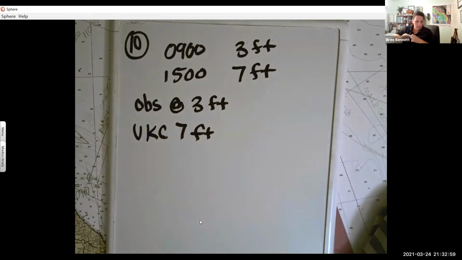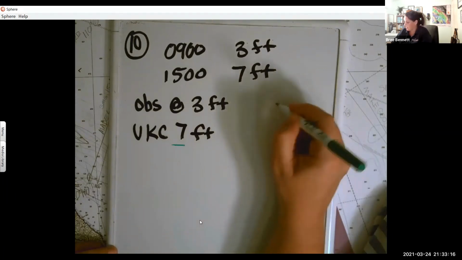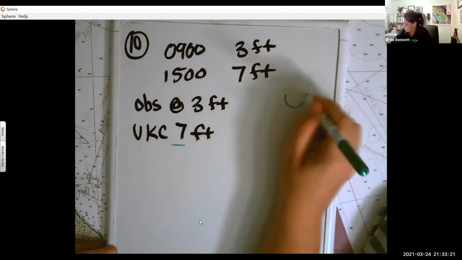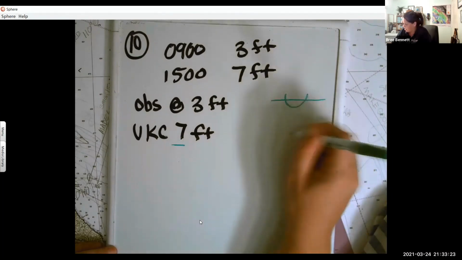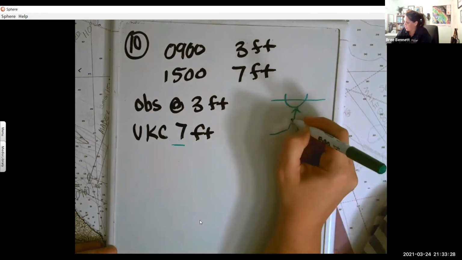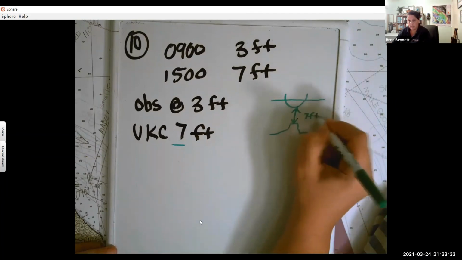Okay, so first, what is the tide that I'm looking for? Okay, so if I need an underkeel clearance, here's my boat. Here's an obstruction of some sort. I need an underkeel clearance of 7 feet.